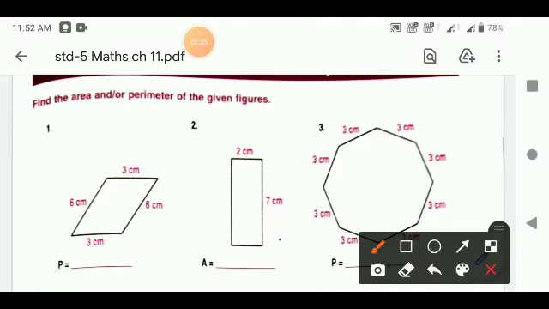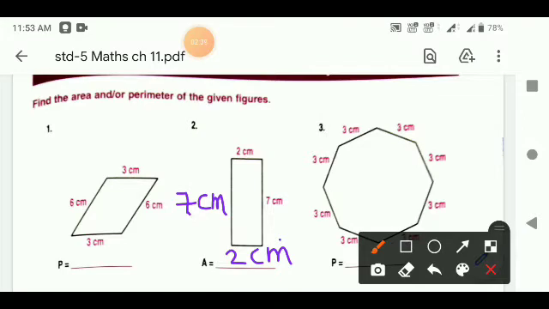The value of one side of length is given and the value of one side of breadth is given. So the opposite side will also be the same, 7 cm. That means the opposite sides are also 7 cm and 2 cm here. So here it will also be 2 cm. Now area of rectangle is equal to length into breadth.